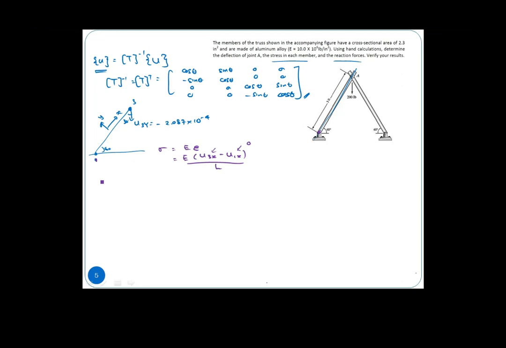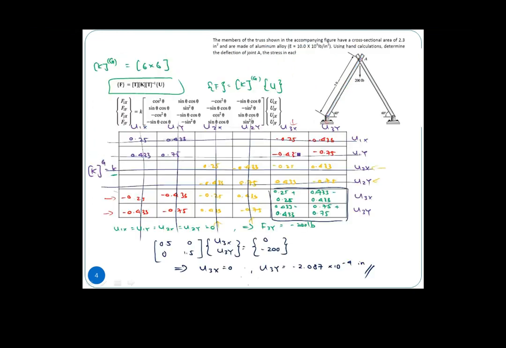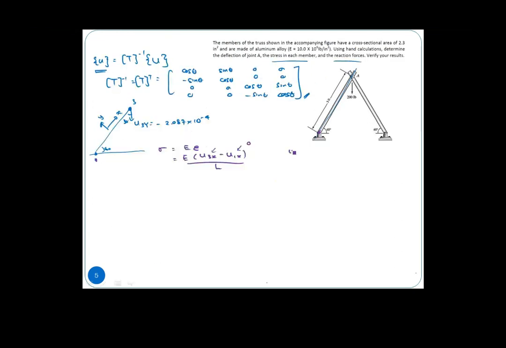So what we need to do is basically we transform the u3x. So our u3x here is actually equals to negative 2.087 times 10 power of negative 4 cos 30 degree.